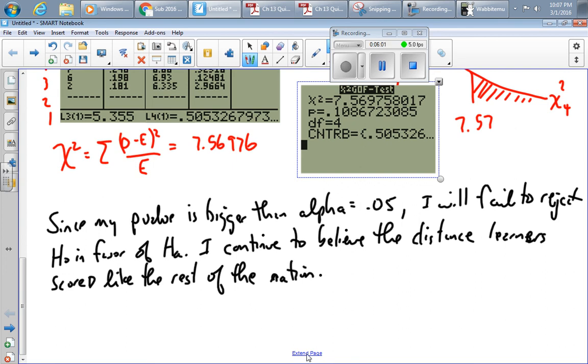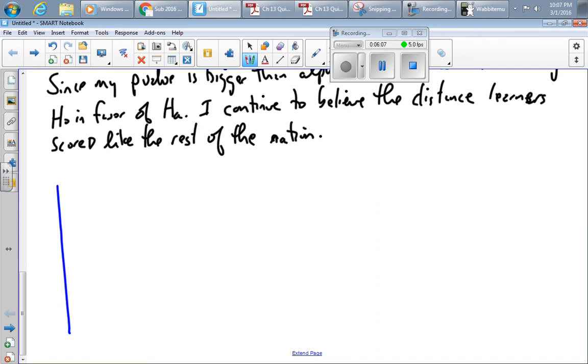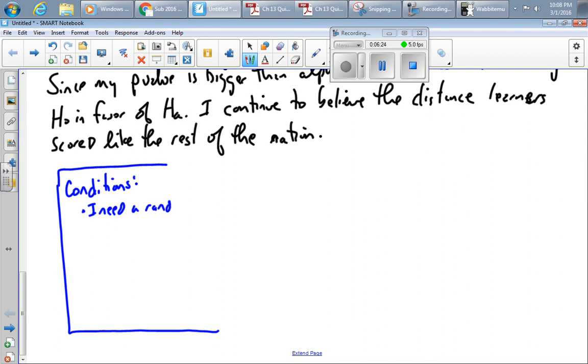Now, I didn't do conditions, so we should also address the conditions, and probably should have addressed those up higher in the problem. So I'll put a little box here and we'll do conditions. So what do we need? I need a random sample of distance learners.